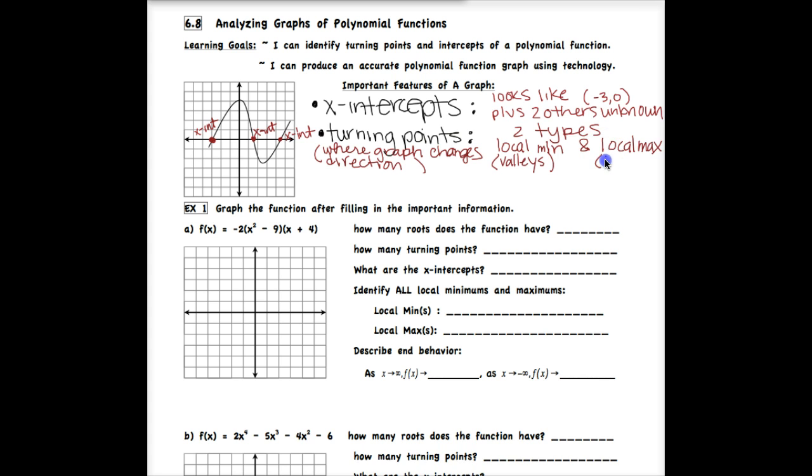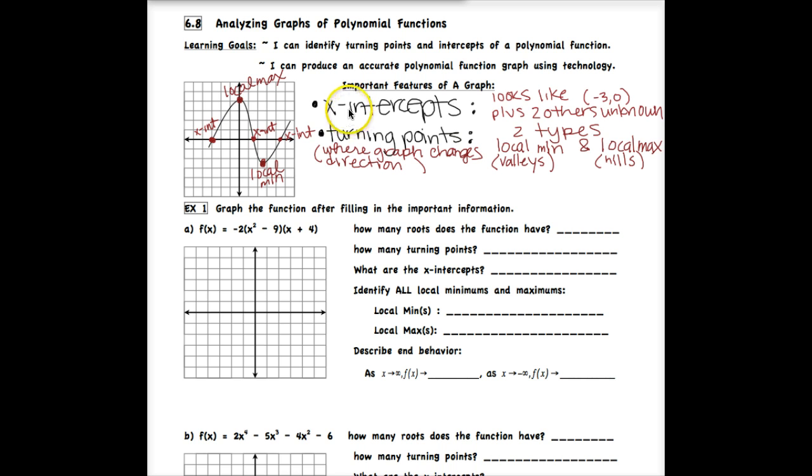Local max, I call the hill, because again, it might not be the highest point on the entire graph, but it is the top of that particular area. So local mins are your valleys, and local maxes are your hills. So if I'm looking at this particular graph, I see that I have a local minimum right down here, because this is a valley. So that's what a local minimum looks like. I also have a local maximum, because I have a hill right up there.